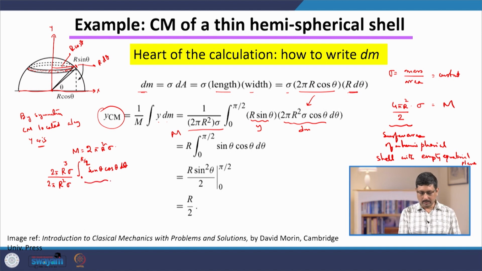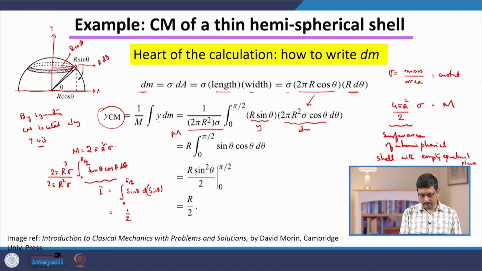Now, let us call this integral I. You can see that this is sin theta times d of sin theta, over 0 to pi by 2. If you put sin theta equal to x, then this is just x dx.